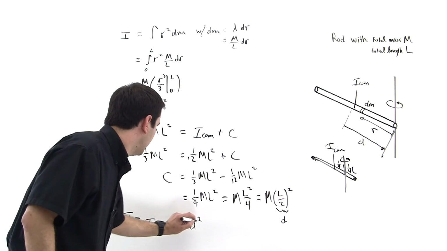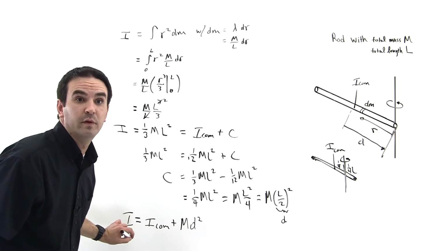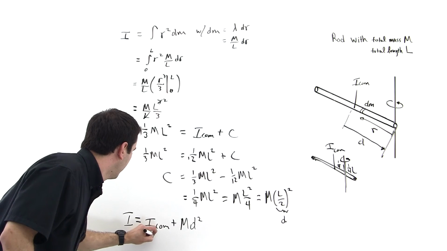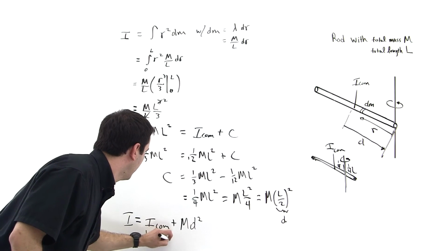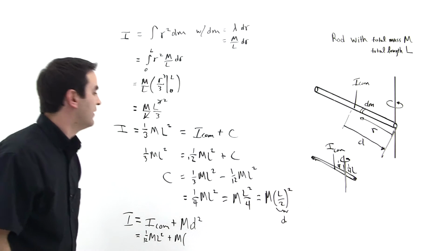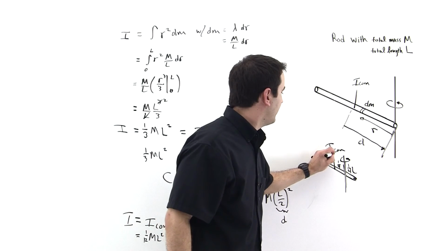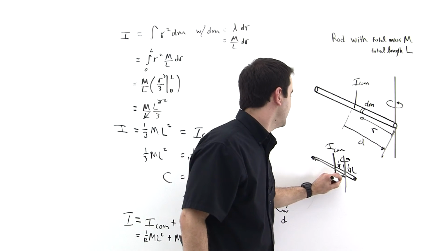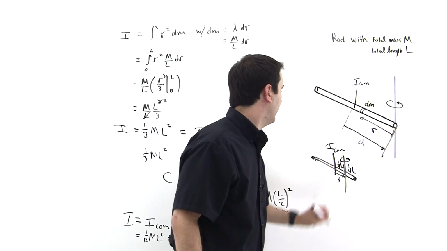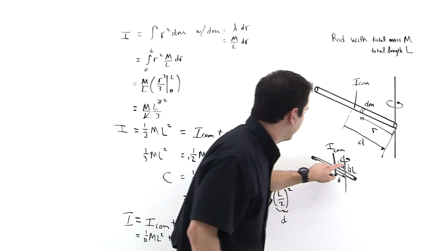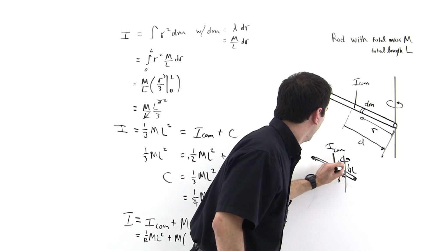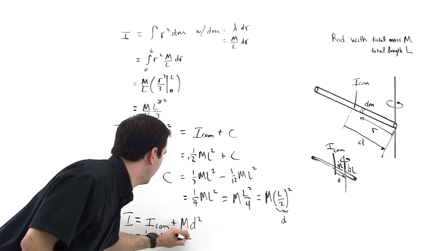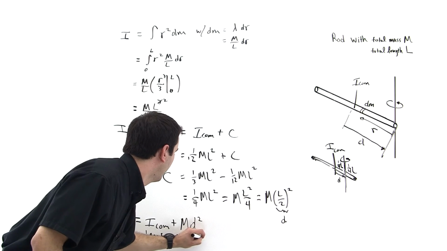So this is equal to 1/12 m L squared plus m times d squared, where d, the distance from the center of mass axis to the axis of concern, is 1/4 L. So d is L over 4, and d squared is 1/16 L squared.